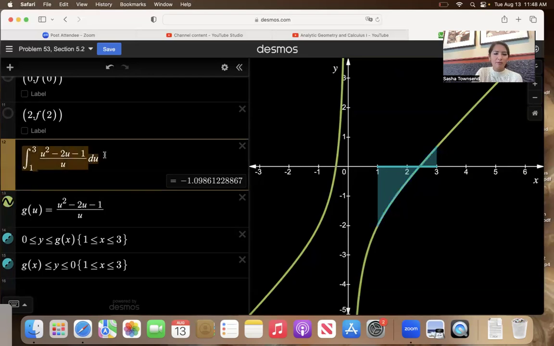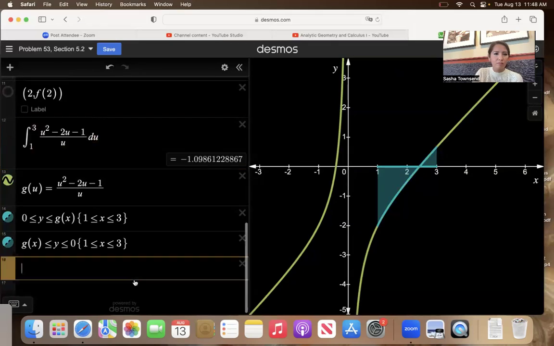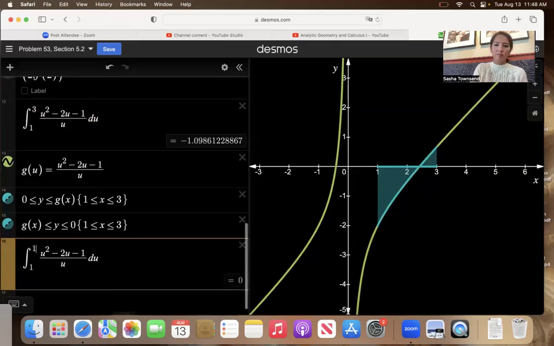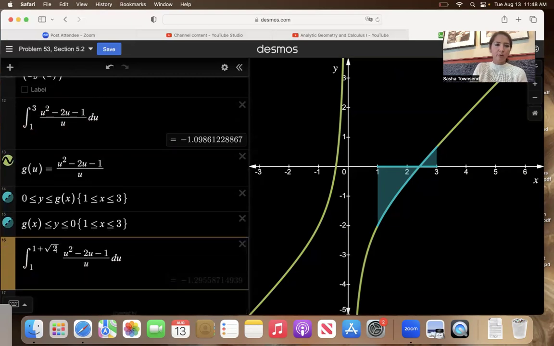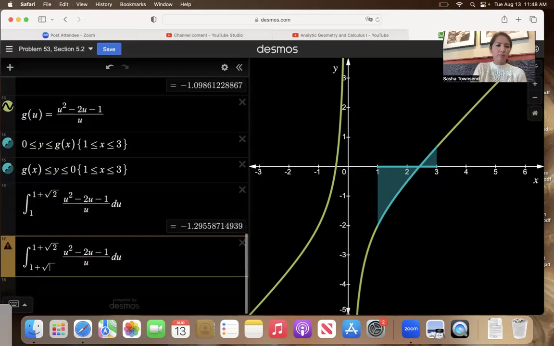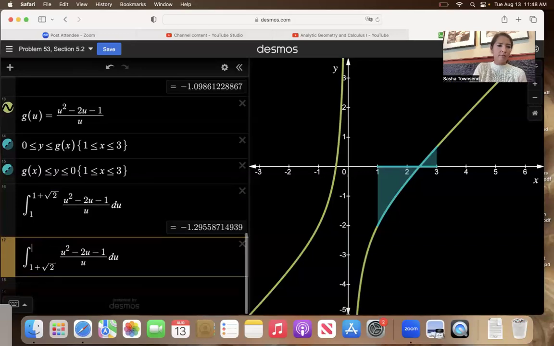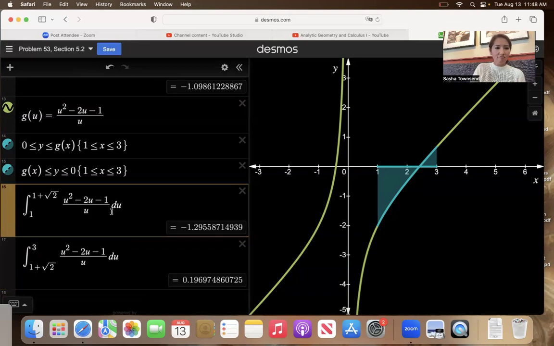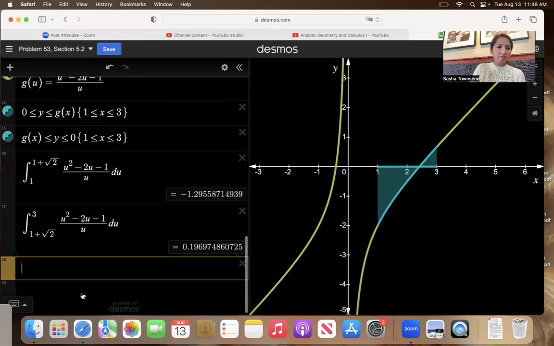And we can show that if we want to. So we're going to integrate from 1 to 1 plus the square root of 2, and then integrate from 1 plus the square root of 2 to 3. And if we add those two together, then we get the value of the original integral.